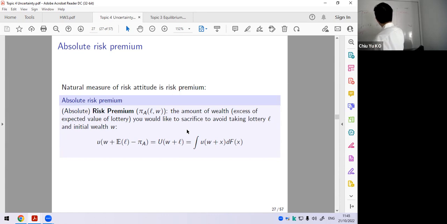This L star minus this guy, go back to here. You are willing to accept this much. That means how far left you can go to make sure it's the same as the expected utility. So that is the thing. Is that okay?